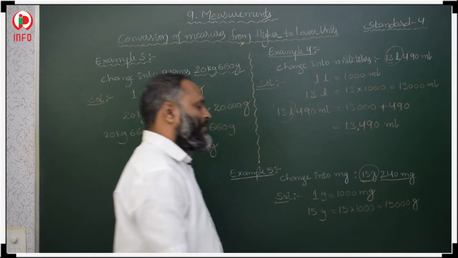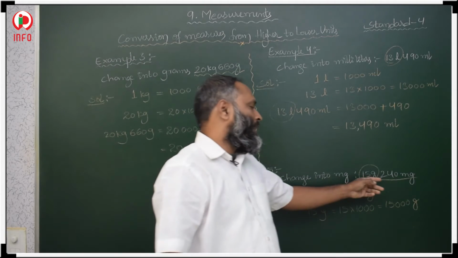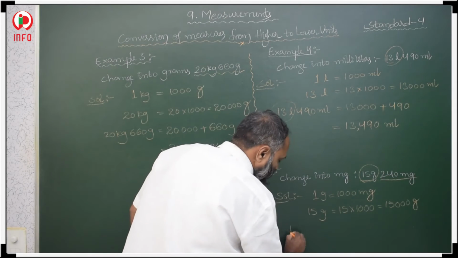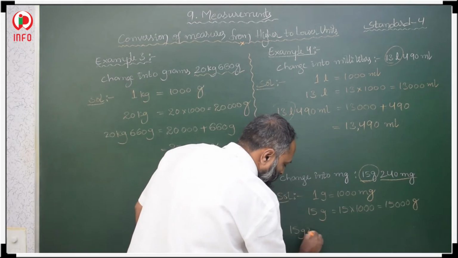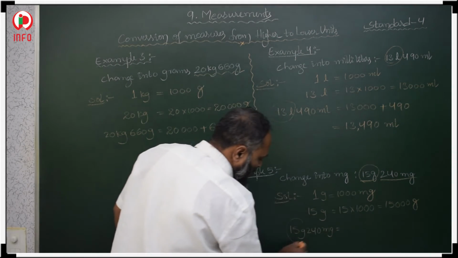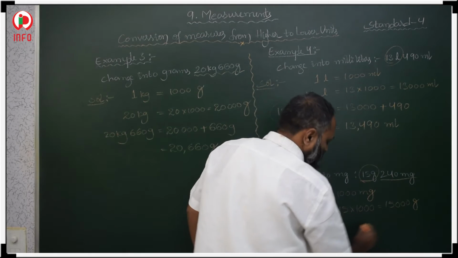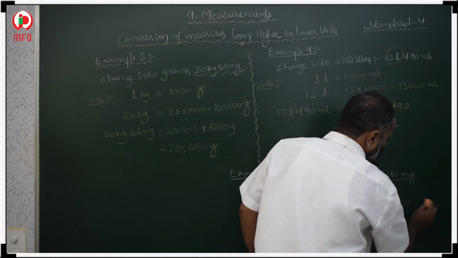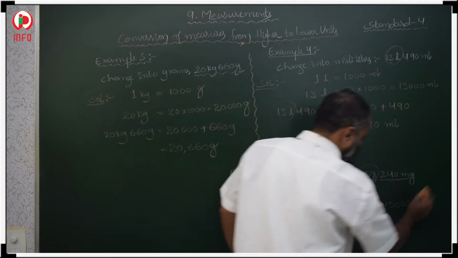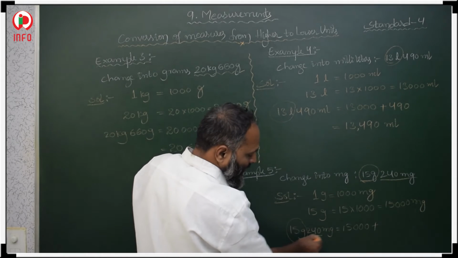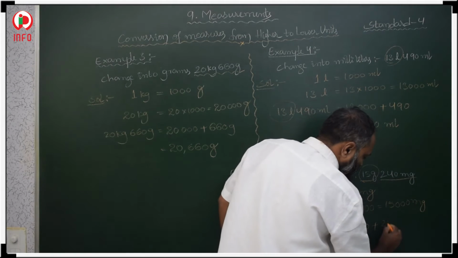Now we should take the complete 15 grams 240 milligrams. Then what is 15 grams? 15 grams is 15,000 milligrams, not grams. 15,000 milligrams plus this we have to add 240 milligrams.